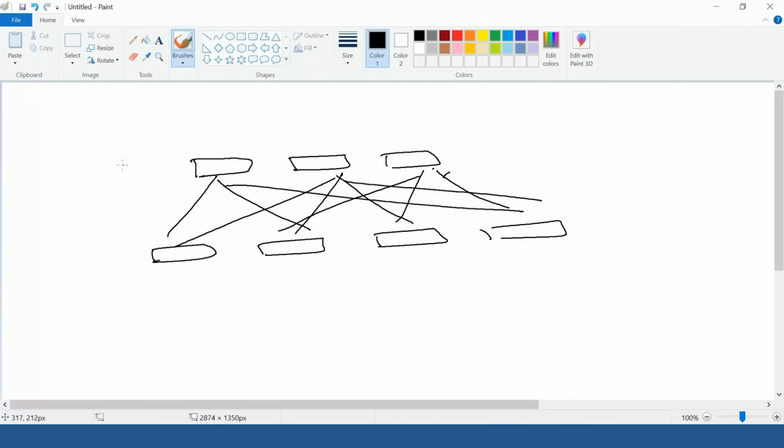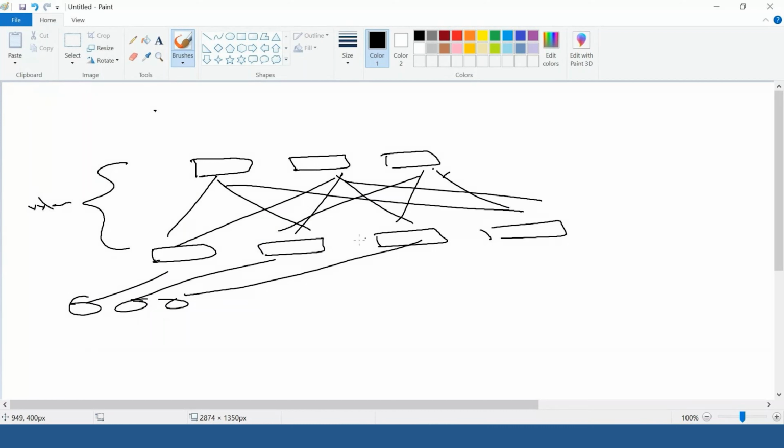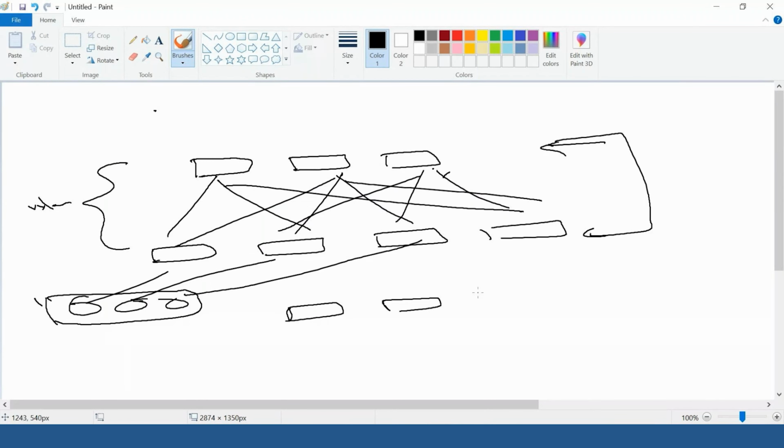Now your VXLAN functionality is here, and your controllers are connected here. These controllers can control all the activities at the network level. But how about your servers? How about your VM networking? We don't have control.